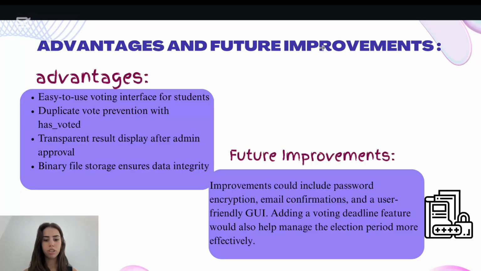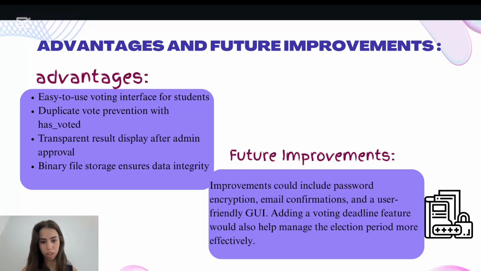Now, to close the presentation, here are the advantages and possible improvements. Our system makes voting accessible, transparent, and secure. The has_voted flag prevents duplicate submissions, and student data is stored in student.dat.